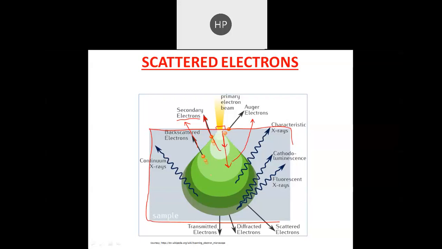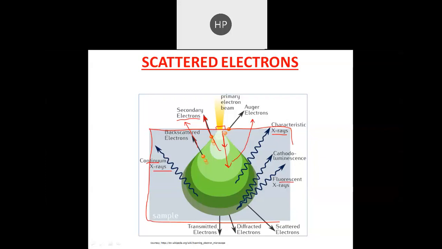And then we have X-rays. We can see there are various kinds of X-ray: characteristic X-ray, fluorescent X-ray, continuum X-ray. These various categories of X-rays give us a signal based upon their energy. Still, some electrons have a high energy, so they will be transmitted, some electrons will be diffracted, and some will be scattered.